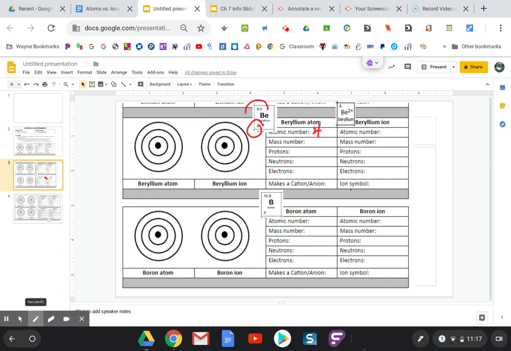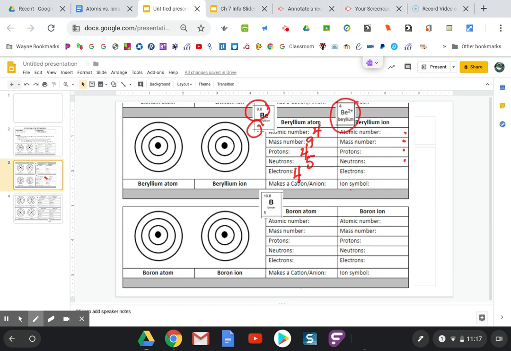And then our mass number is 9. Protons are 4. Neutrons are going to be 9 minus 4, so we're going to have 5. And electrons are 4. Remember that the atomic number, mass number, protons, and neutrons don't change, so I'm not going to fill those in every time. We're going to focus on the electrons.